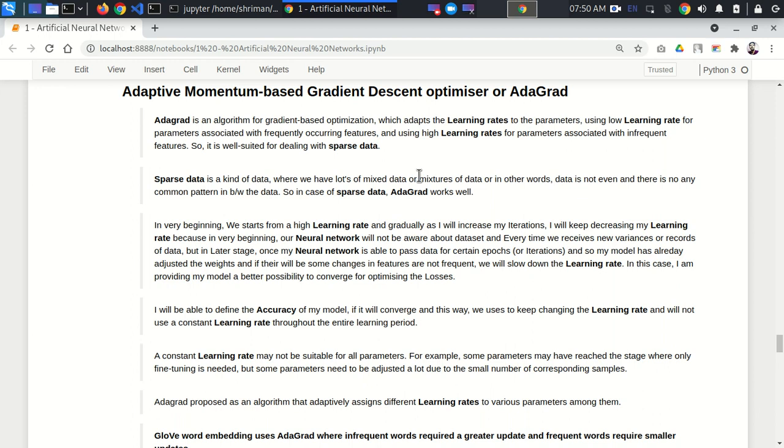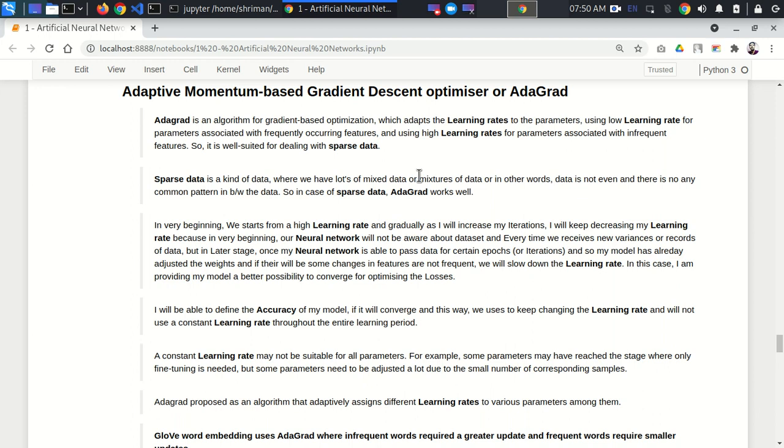So it will try to use a low learning rate for those parameters which are associated with frequently occurring features, and there will be some features also which are not occurring too frequently.